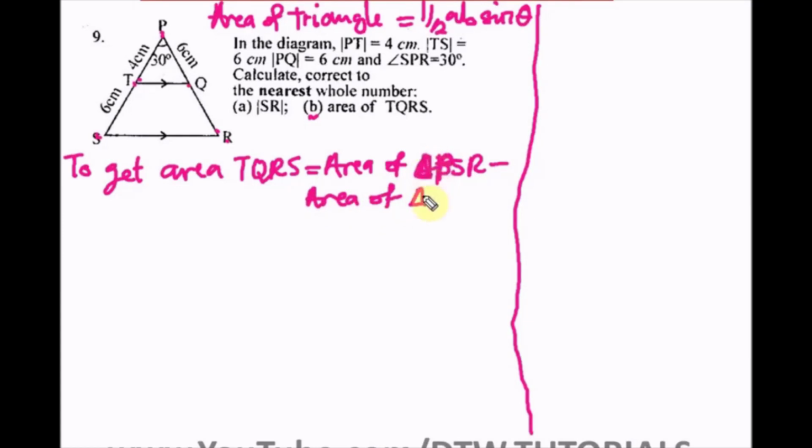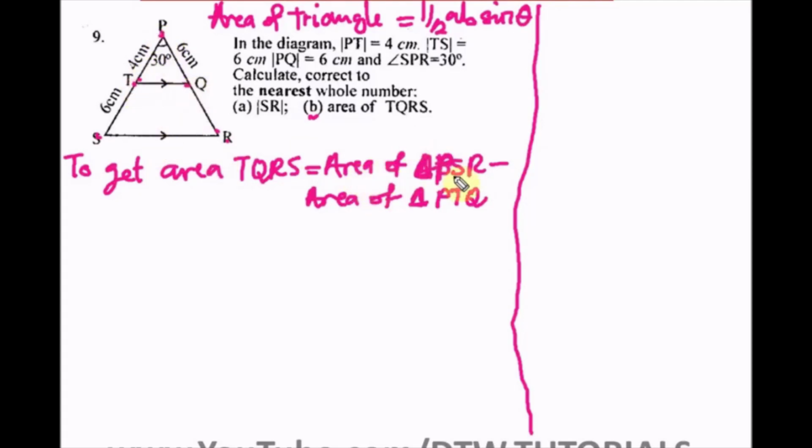Please always make sure you state this, okay? This means triangle in maths. The area of triangle what? PTQ, okay? So to get the area of TQRS was the area of PSR, subtract, then you subtract it from the area of what?